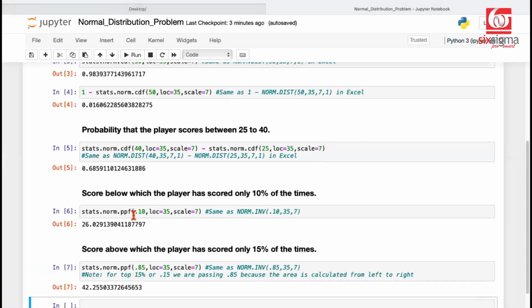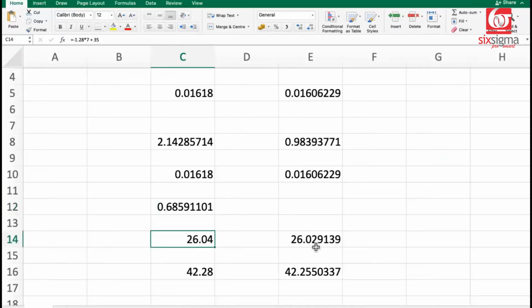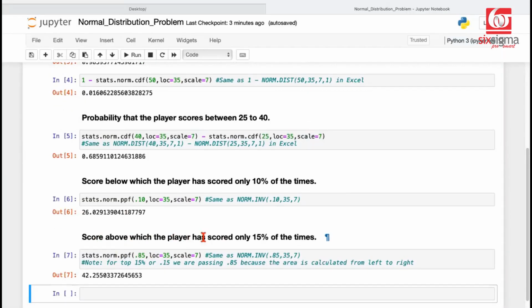Coming back to the notebook, we are using PPF and straight away we get the answer 26.02, which is approximately the same as what we got here. In fact, Excel was identical and the manual calculation was pretty close. Now the next piece, the score above which the player has scored only 15% of the times, you use PPF, but remember, you will not be using 0.15 here, you'll be using 0.85. The reason being, this is a greater than kind of problem, right?